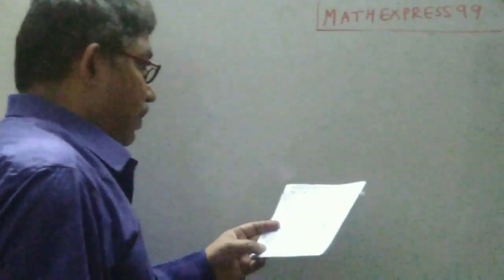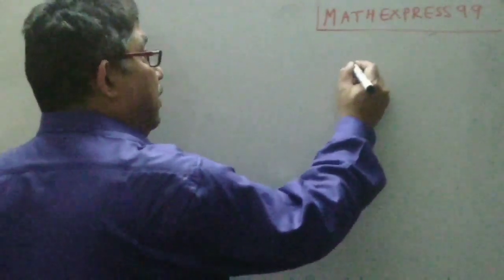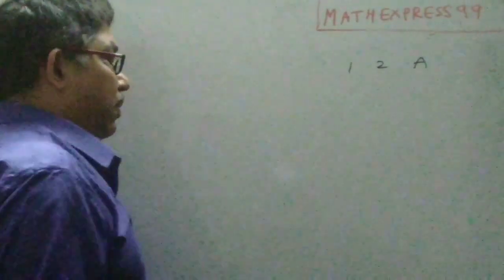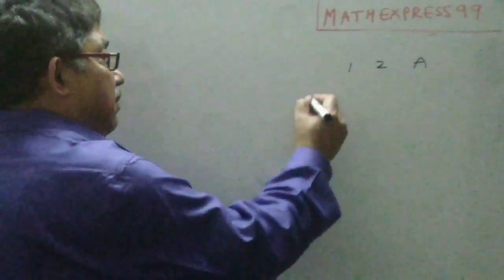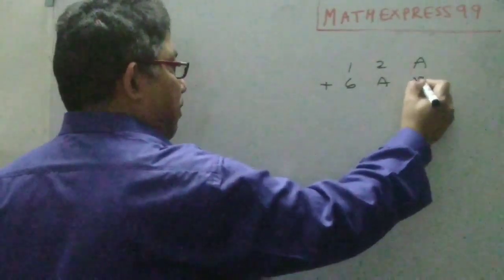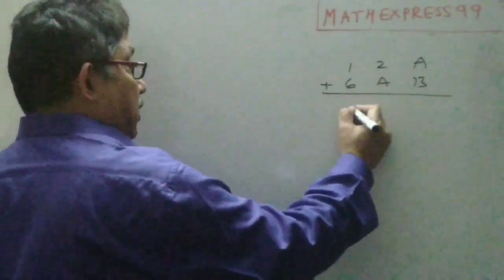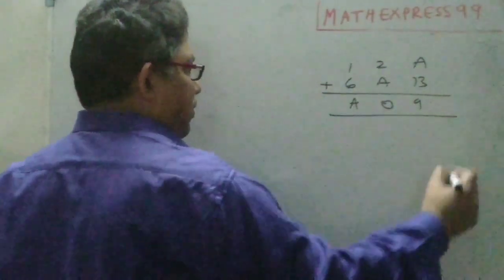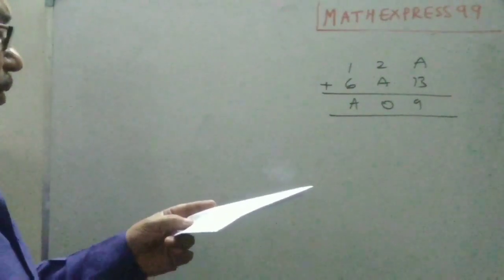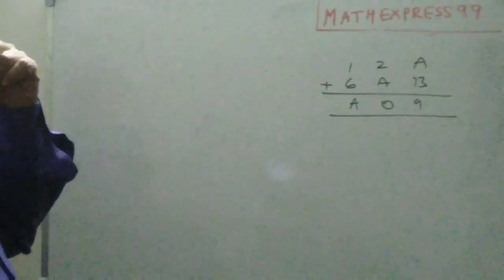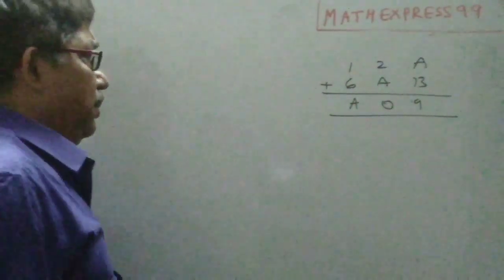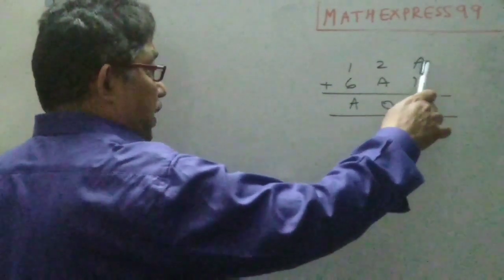1 to A, 6AB, A09. So we have A also, we have B also. So A plus B equal to 9.